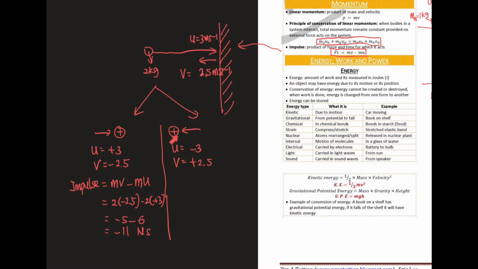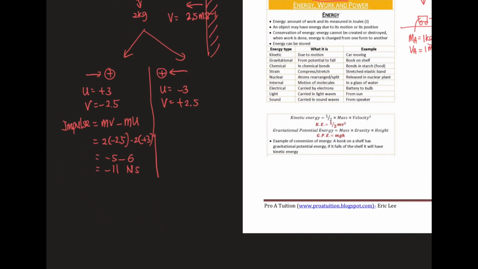So kind of reasonable. Okay, but the thing is, normally when we look at the mark scheme, it seems to prefer the final answer to be positive. If you do more past year papers, you will realize so.